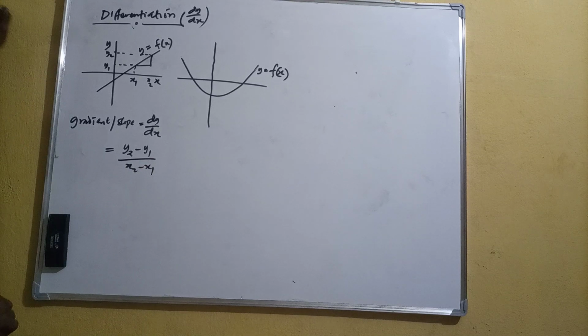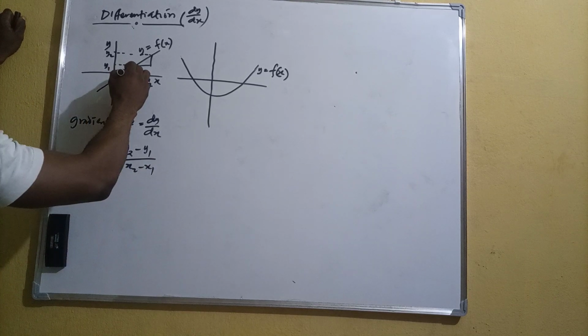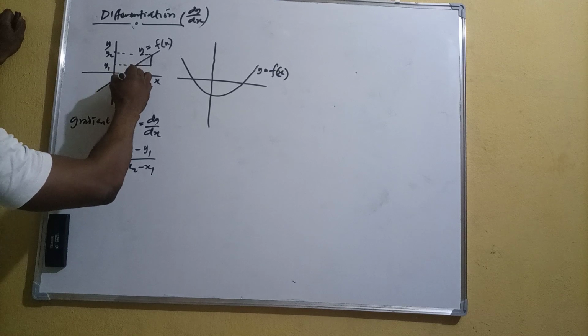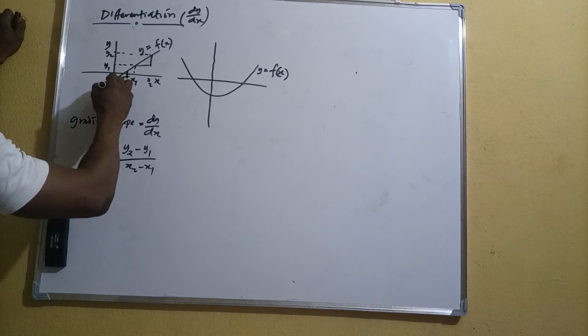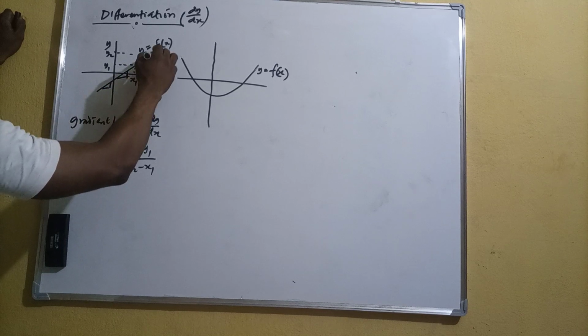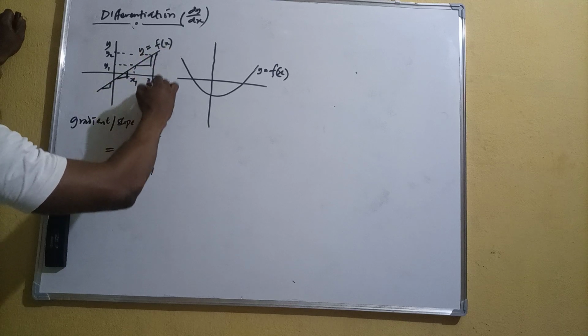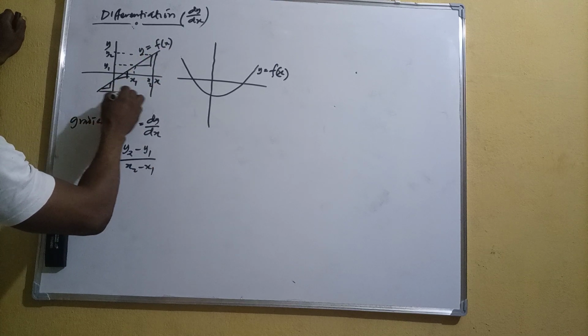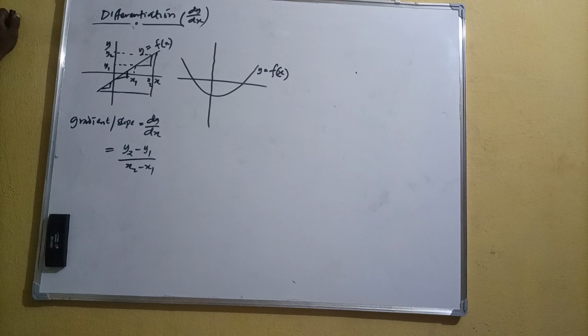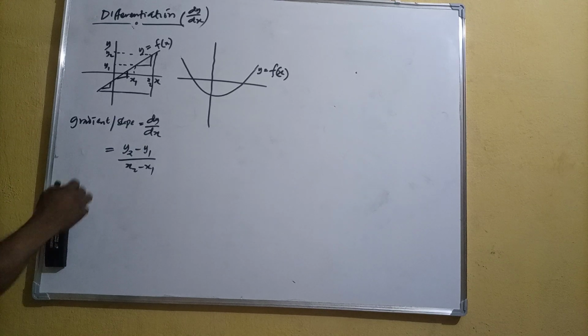Now, in a straight line, the gradient at any point on that line is the same. So if I'm taking my gradient here, or I'm taking the gradient here, whatever value I'm going to have is going to be the same, even if I decide to draw my line like this.